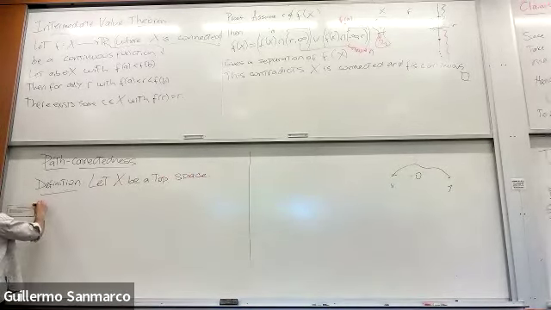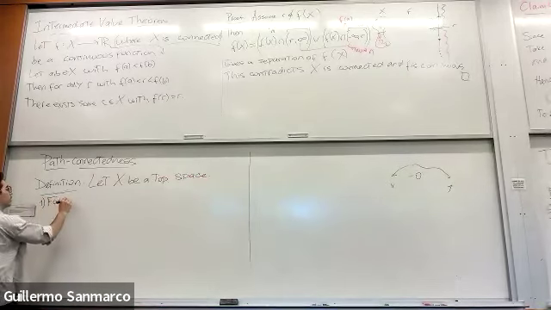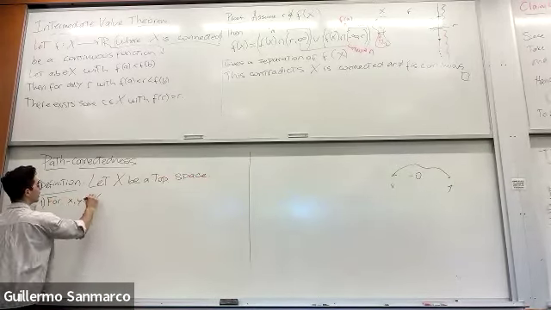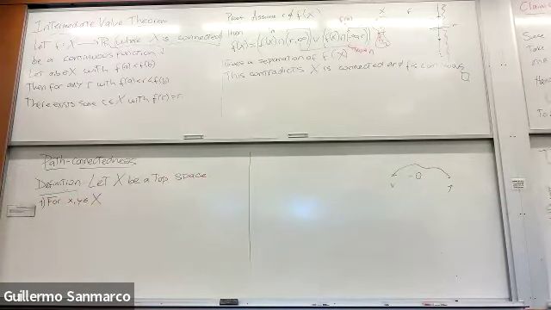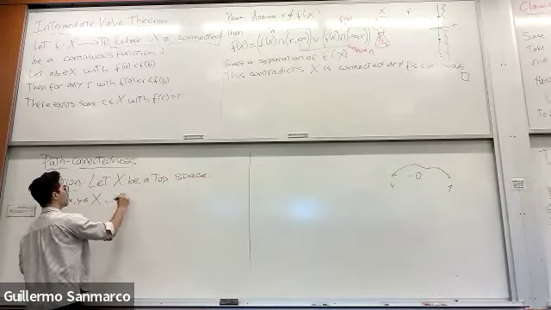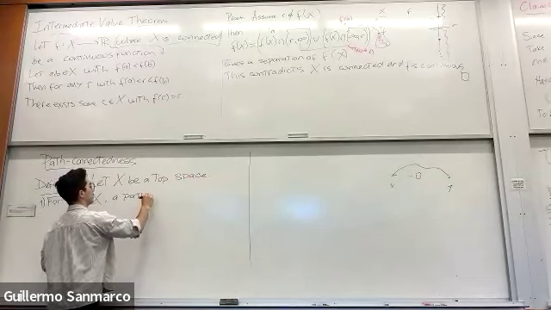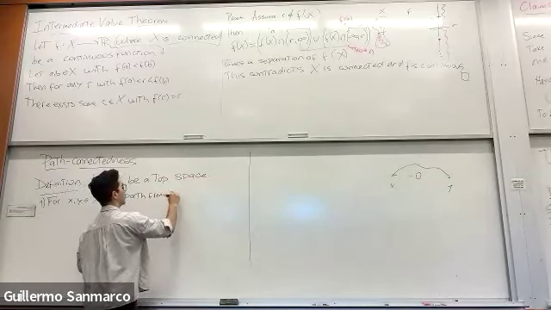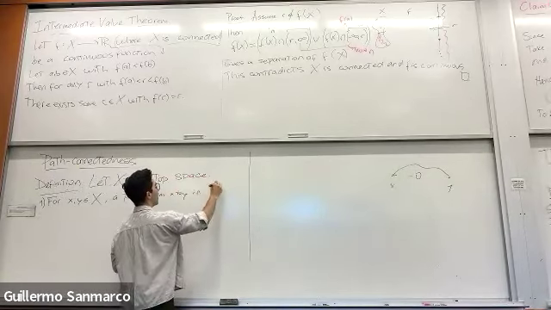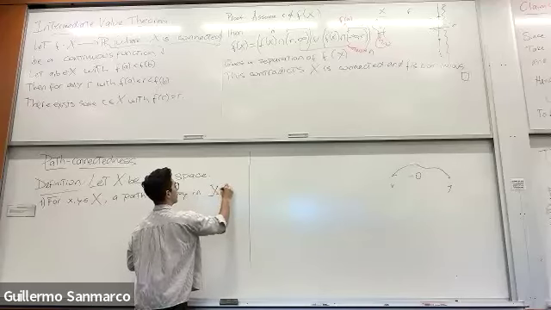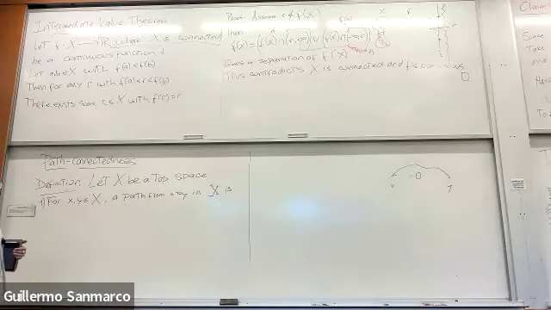The first thing I want to define is, if you take 2 points, x and y in X, a path from little x to y in the space X is... What do you think? What's a path?